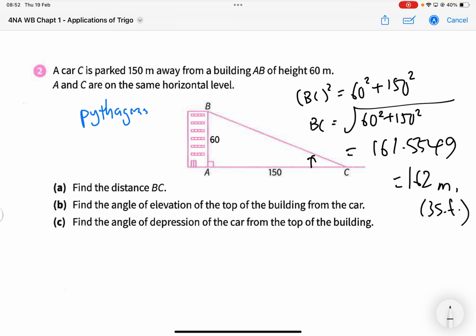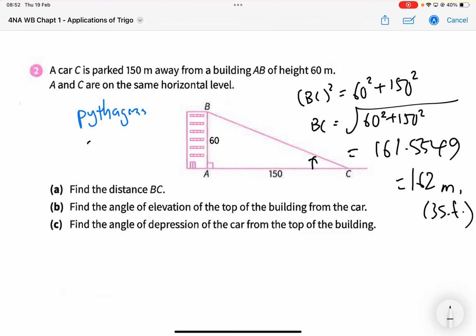So this is the angle that we are measuring. Okay, this rotation. How much is this rotation? We have 60, we have this 150, then we want the angle. So, right angle triangle, Pythagoras or trigonometry.